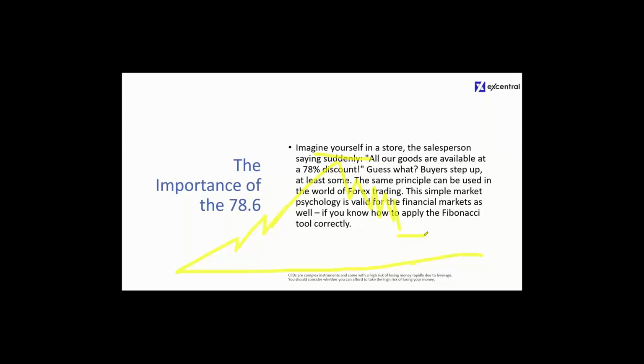78.6%. Well, it's like a fire sale level. A lot of people are already out of the market because they set their stop losses or their take profit point, and they're long gone. Well, guess what? If you think that price is going to continue its current movement and continue upward, or the signs of it continue that trend, but something happened that it's just easing down, well, the big sale price is 78.6. 78.6 is the last stop along the way.